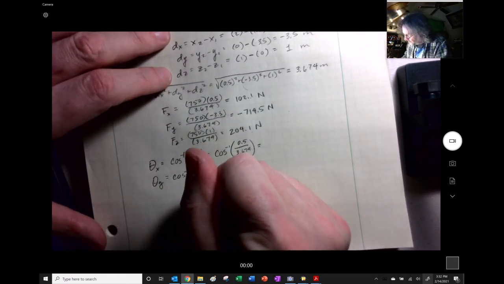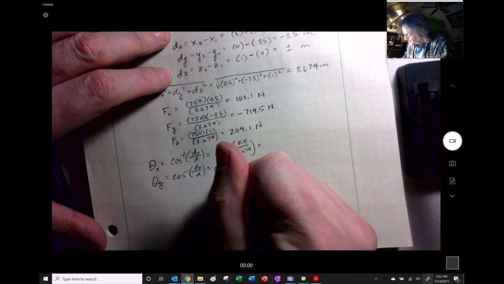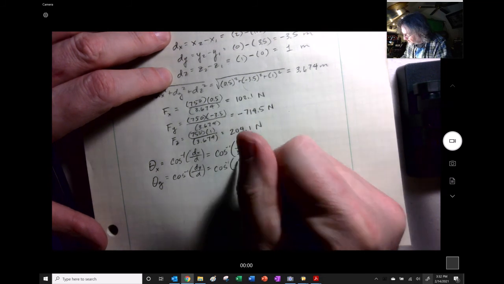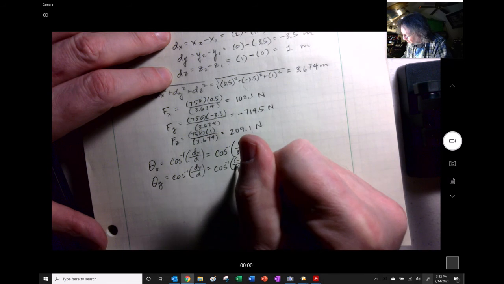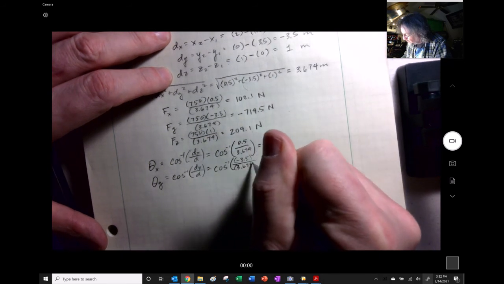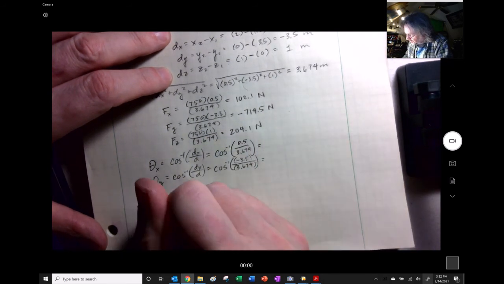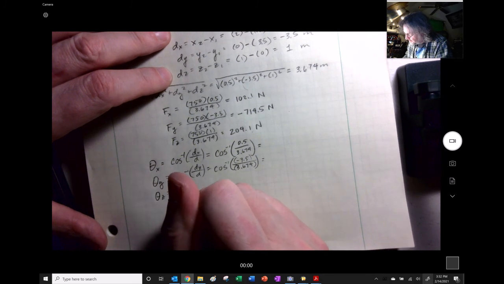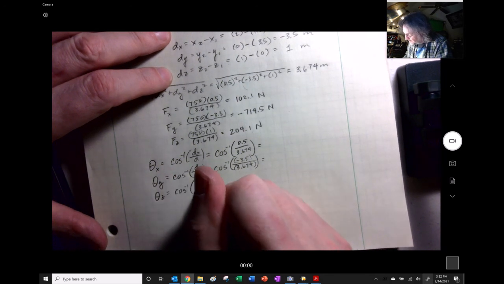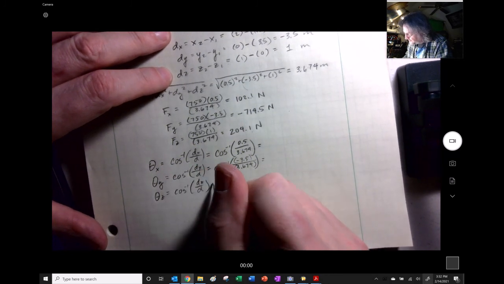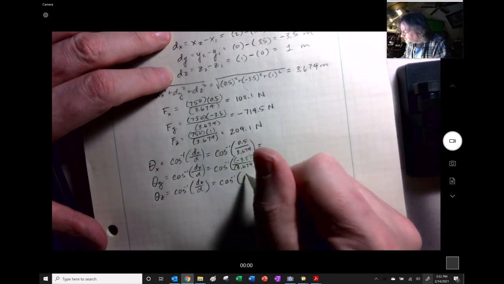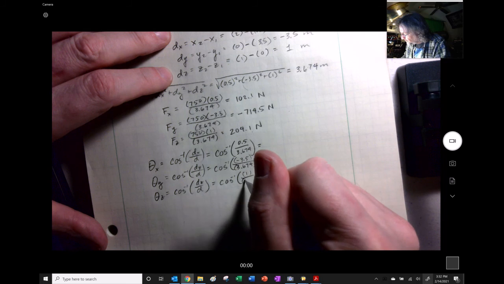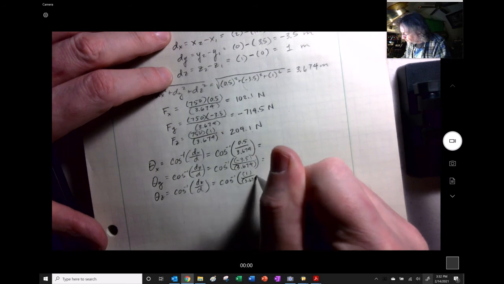So the inverse cosine of negative 3.5 over 3.674, and then theta z is the inverse cosine of dz over d, the inverse cosine of 1 divided by 3.674.